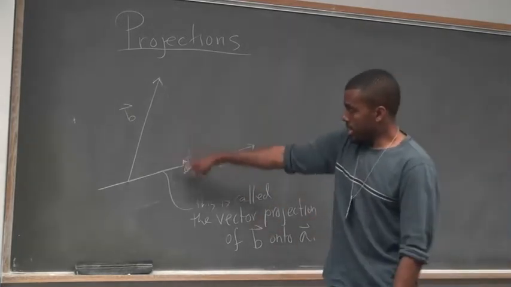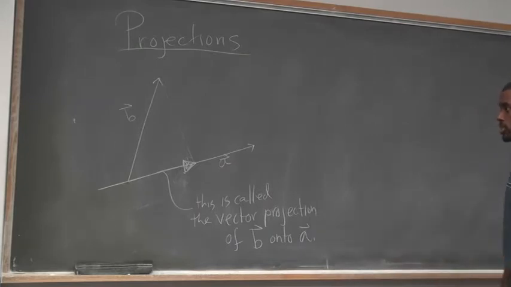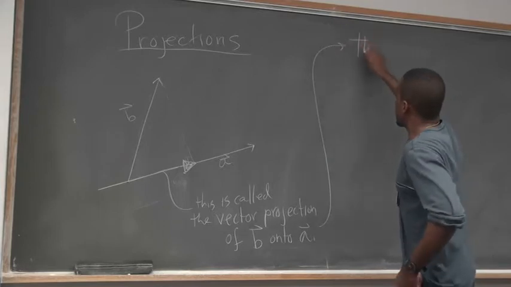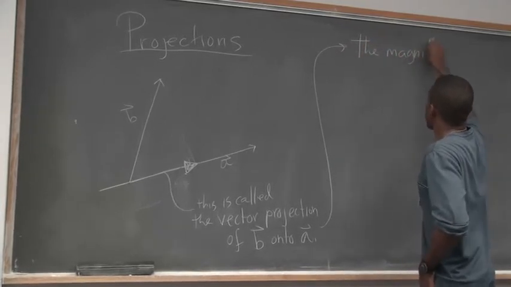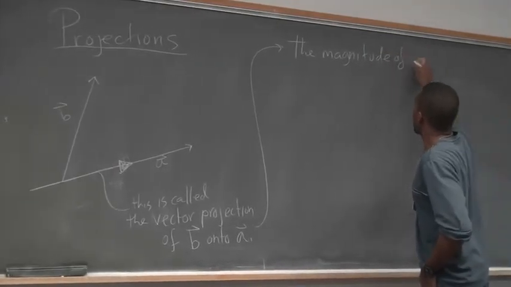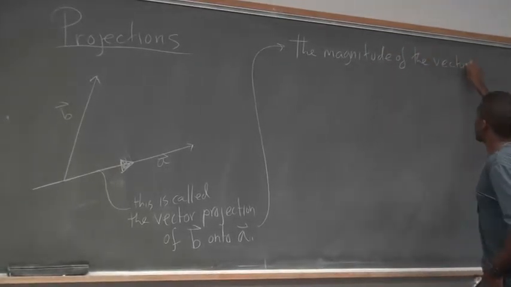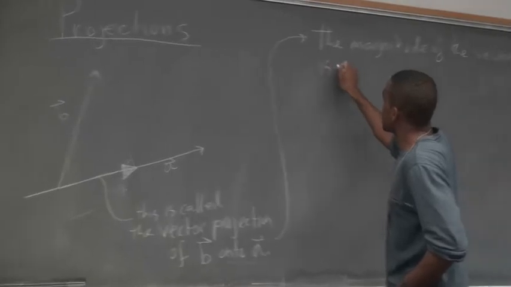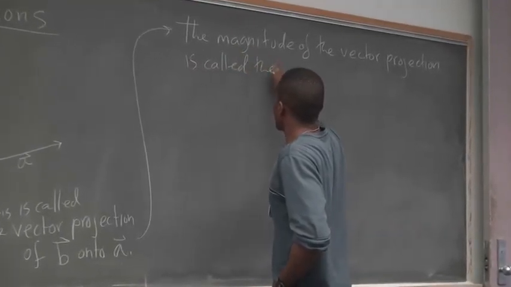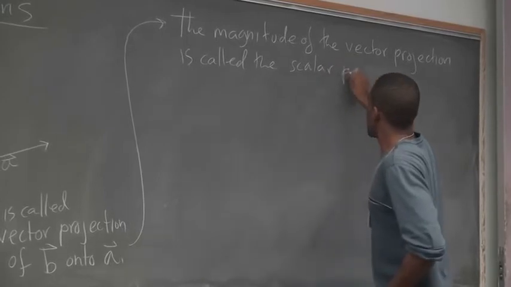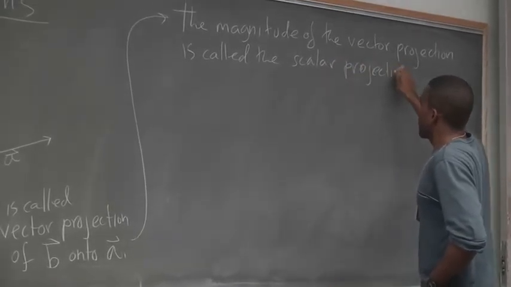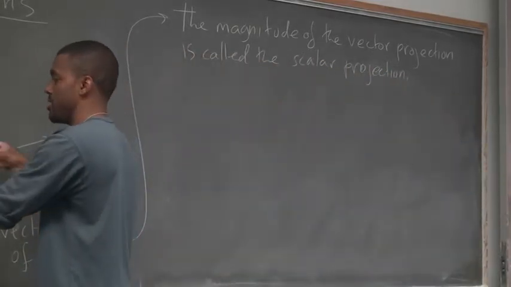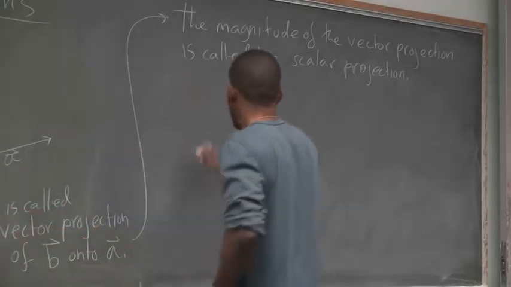If you do that and you get the vector, you call it the vector projection. The magnitude of the vector projection is called the scalar projection. So if you project it, find this vector, and then find the magnitude of that vector, you call it the scalar projection.